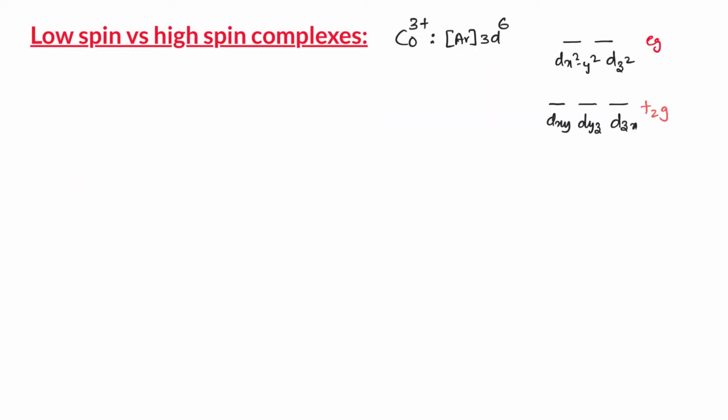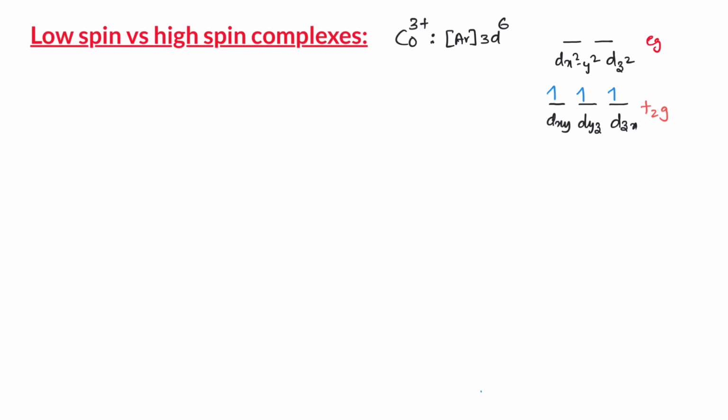Next, let us learn to fill the 6 electrons of cobalt 3 plus ion into the split version of d orbitals in the presence of ligands. Based on the Aufbau principle, the electron enters into the available orbitals of lowest energy. In this case, it is t2g orbitals. Since these 3 orbitals are degenerate, that is, they have the same energy, we follow Hund's rule while placing the first 3 electrons.